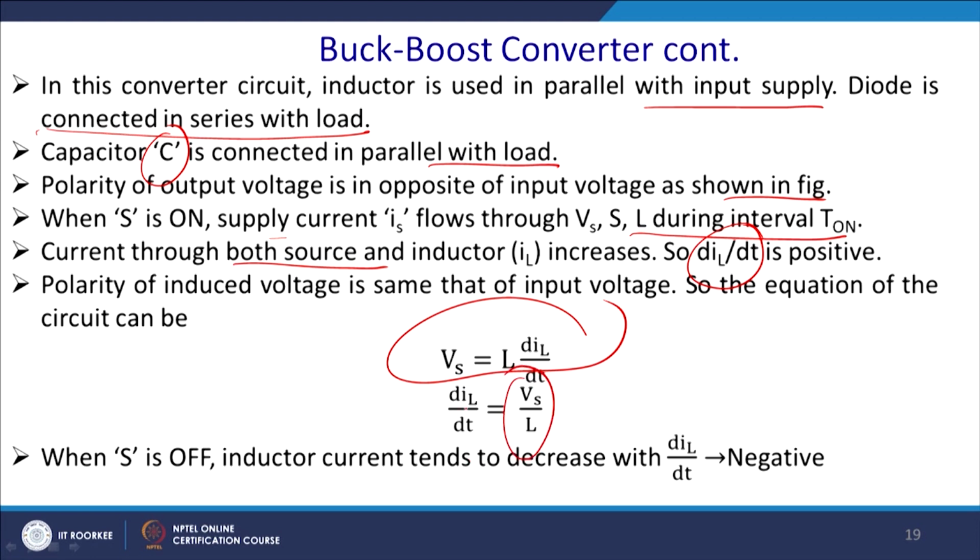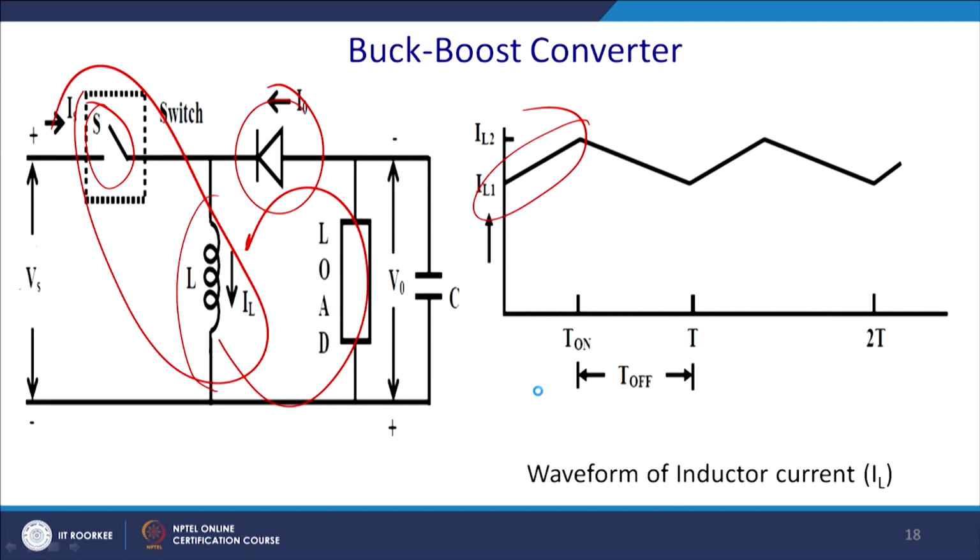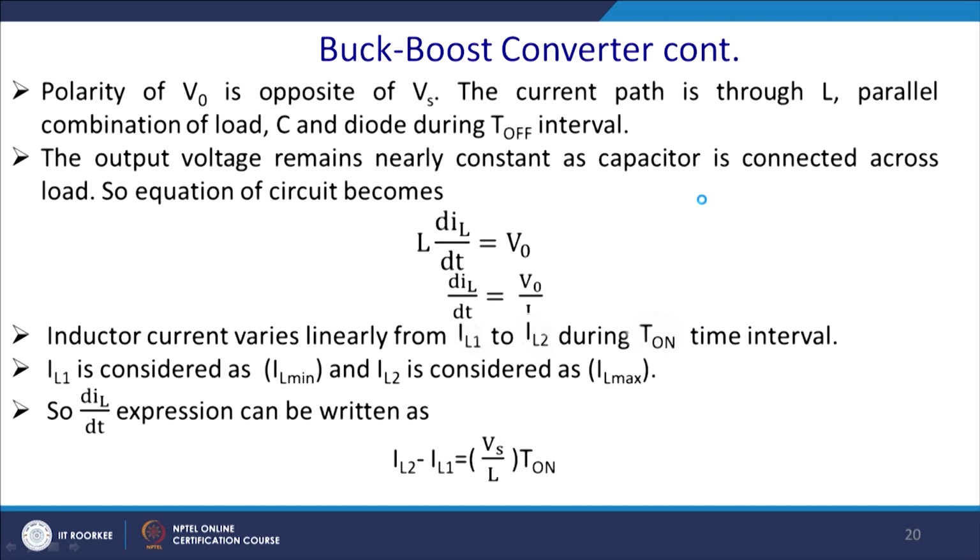When S is off, the inductor current tends to decrease with a slope, that is basically minus dI/dt. Now, essentially let us see, the polarity of the DC voltage is opposite of the Vs and the current path is through the inductor L, the parallel combination of the load and C, and the diode during the turn off interval.